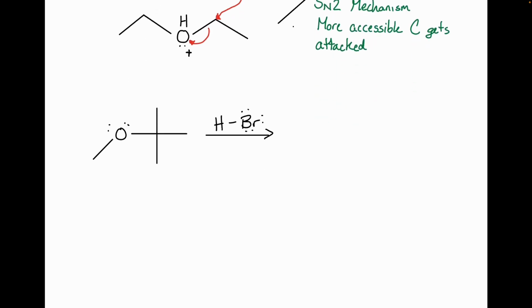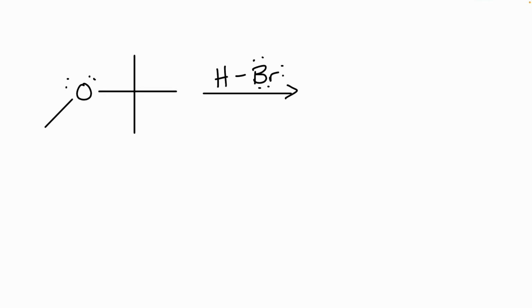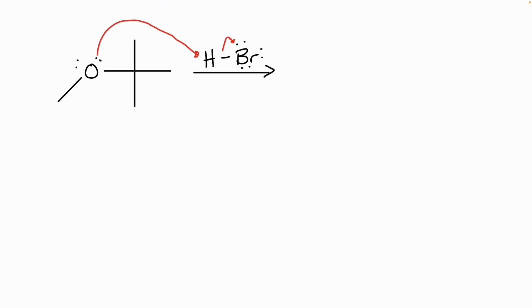So let's look at the mechanism again, see if we can't have that help us figure it out. Again, step one, let's protonate that oxygen. All right, so now I have this good leaving group here, because it'll leave as an alcohol as opposed to an alkoxide ion.